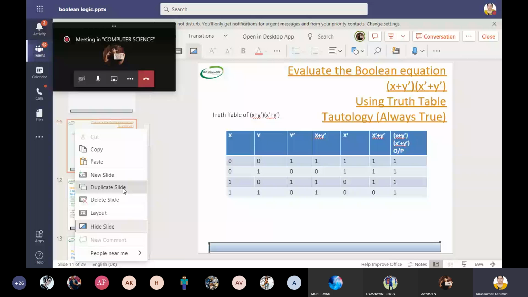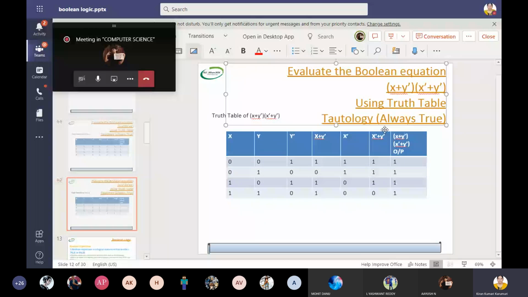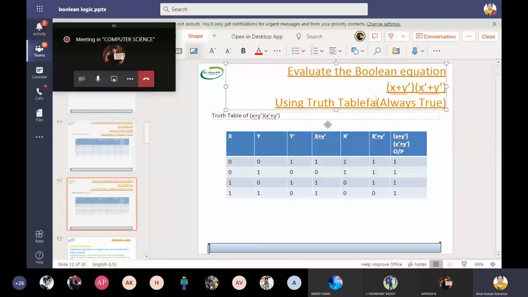That statement को बोलते हैं fallacy. Okay, माँ समझ में आ गया? Fallacy is always false, whatever you give.